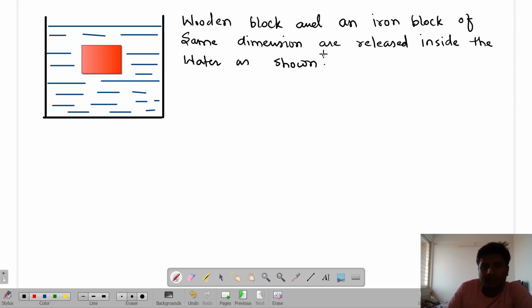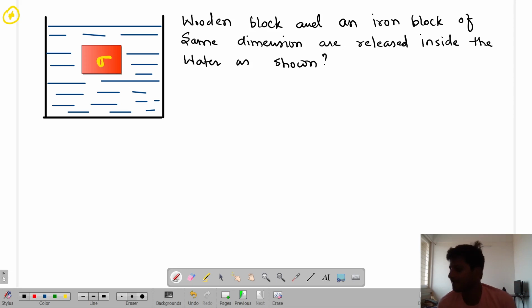Let's suppose the density is given by sigma. Then tell what you will observe in this question. Explain the observations which will be observed in this experiment. Means we took a wooden block whose density is sigma and an iron block whose density is also sigma, same dimension, and we released both of them. So what will you observe?